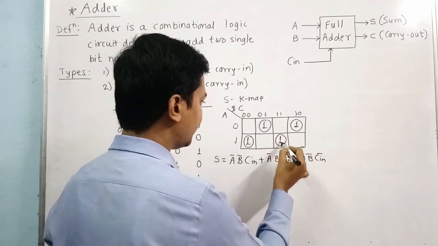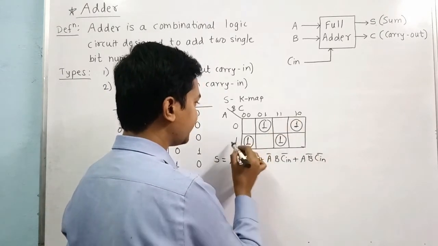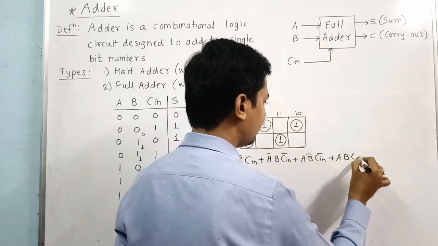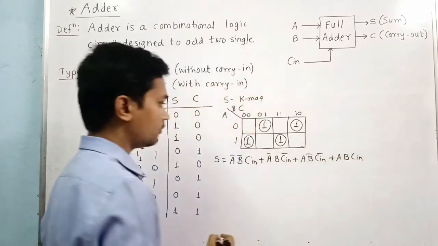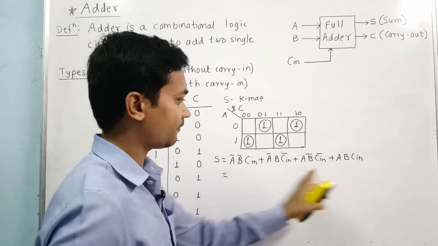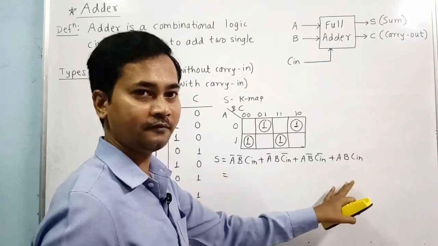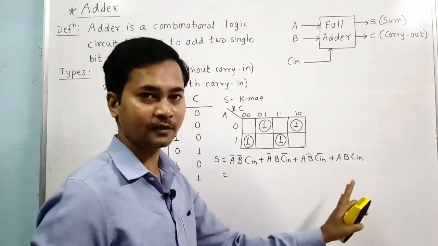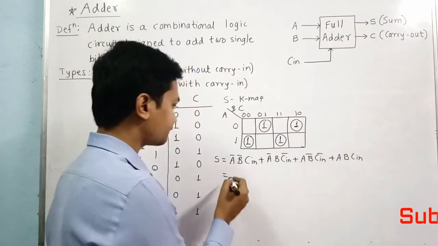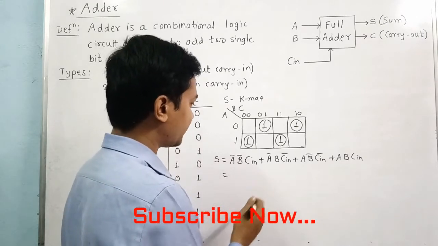And for this one, 1 1 1, that means A, B and C in. But it is difficult to implement this kind of expression directly. So we will simplify this expression so that we can easily implement the circuit. So what can we do further?